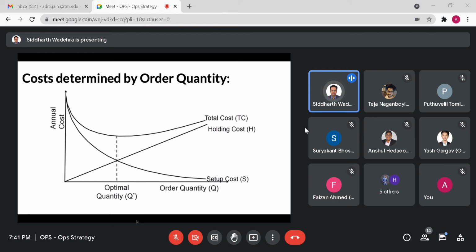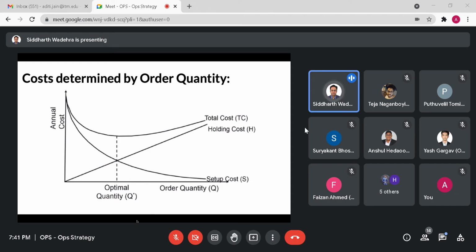It shows the setup cost is going to be less if you order more at a time, simply because you have fewer orders. And the total cost curve, which is a combination of both the holding and setup costs, gives you a total cost based on adding up both of these. So the optimal quantity Q star is what you would want, and it's the quantity at which your total cost is going to be an absolute minimum.